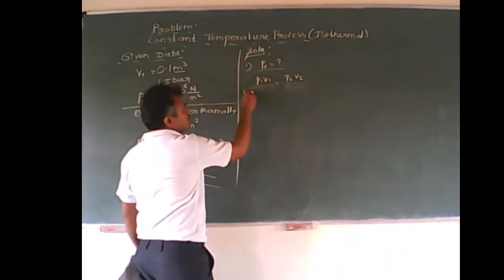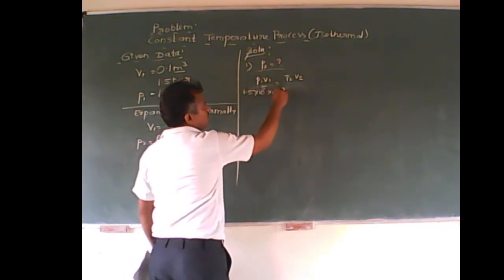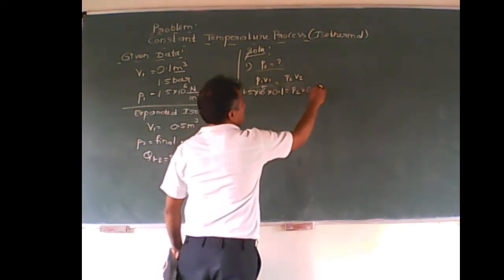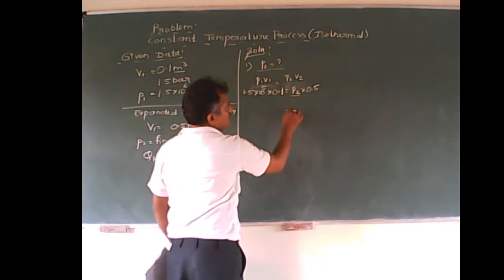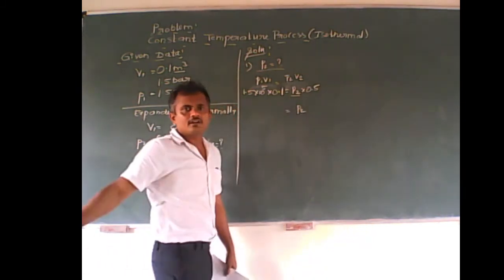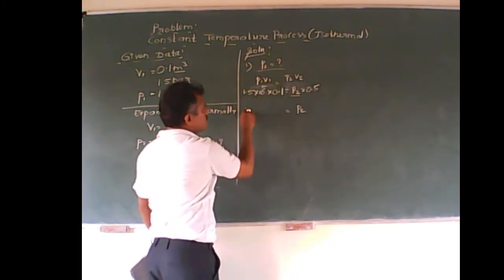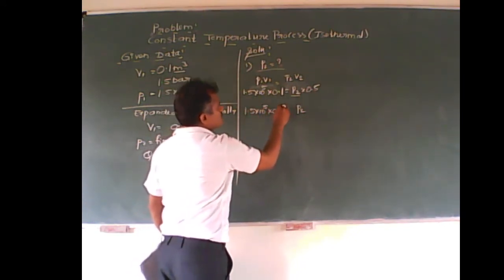P1 is 1.5 into 10 raised to 5. Volume is 0.1. P2 is unknown and V2 is 0.5. Correct? Here I want the value of P2. I will keep P2 on the right hand side, multiplied by 0.5. When it comes to the other side, it becomes divide.